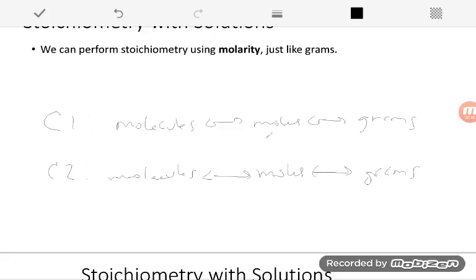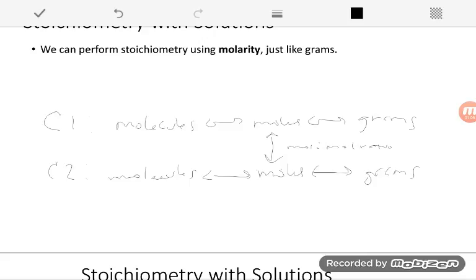We saw previously that we can build a bridge between the moles by using the mole-to-mole ratio that comes out of the balanced chemical equation. So we should be able to start at any place on this and then end up in any other place. We could start with grams of compound 1 and get to molecules of compound 2, vice versa.